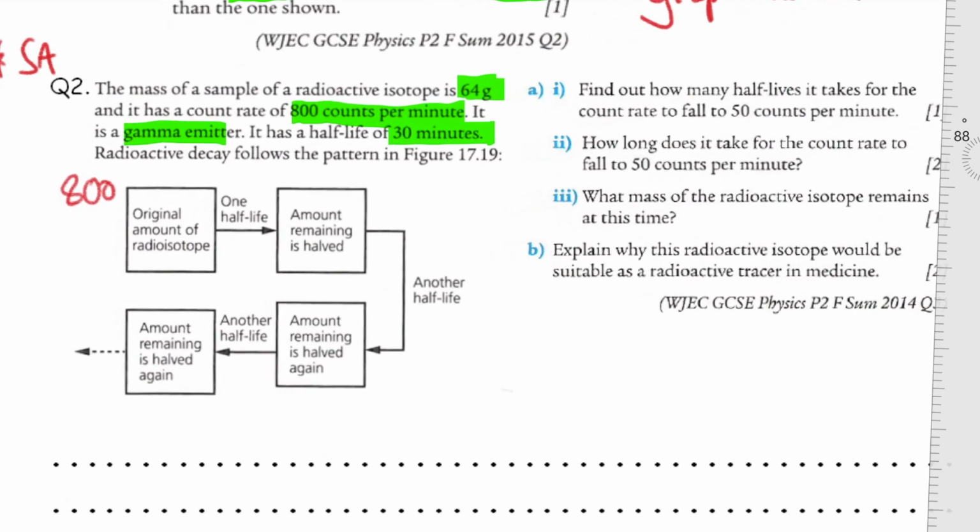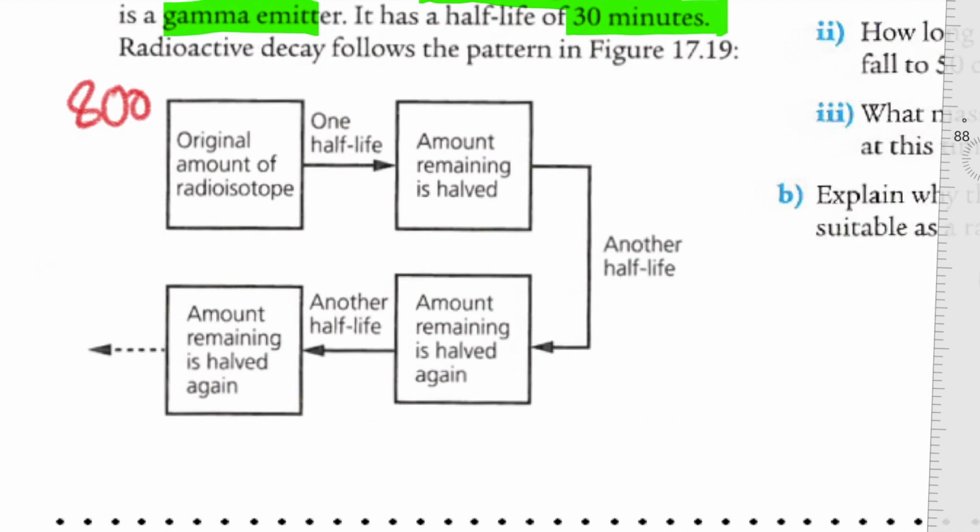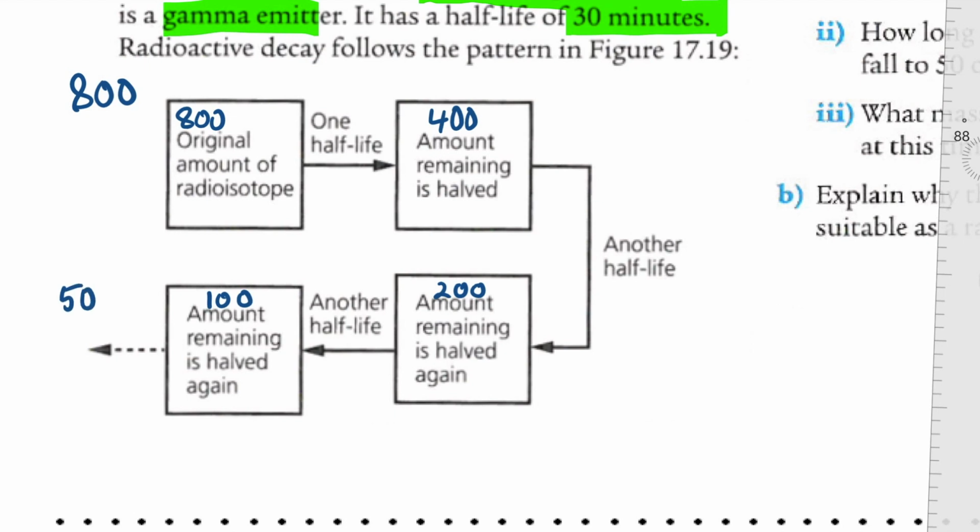Right, so part A, find out how many half-lives it would take for the count rate to fall to 50. We're starting off with the original count rate of 800, so there's a little bit of a helping hand there. If you put 800 there, after one half-life, it falls to 400. I think the idea is you put the values in there. After another half-life, drops to 200. Another 100, and another will drop to 50.